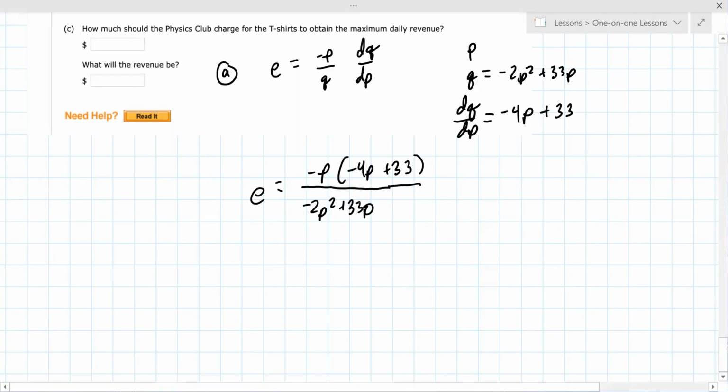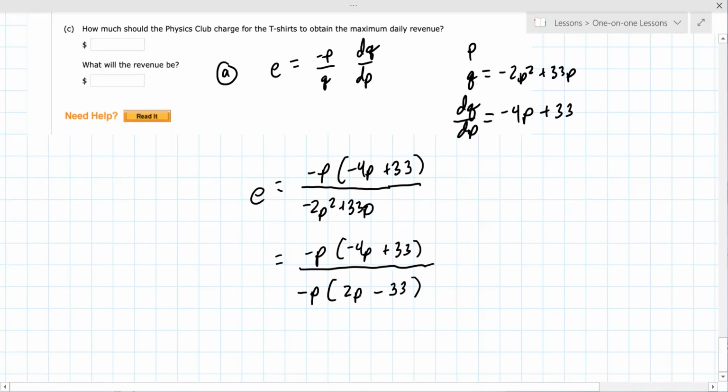What can you factor out of the bottom? You can factor out a minus P, and that works really well with what's up top there, because there's already a minus P factored out. So we have minus P, and this becomes 2P minus 33.